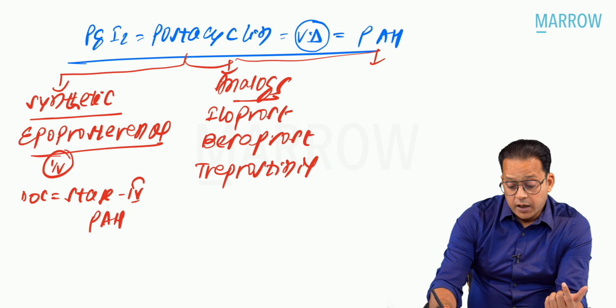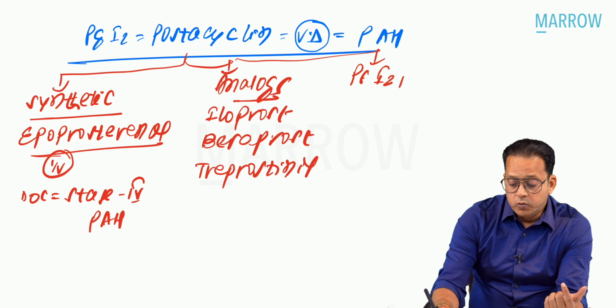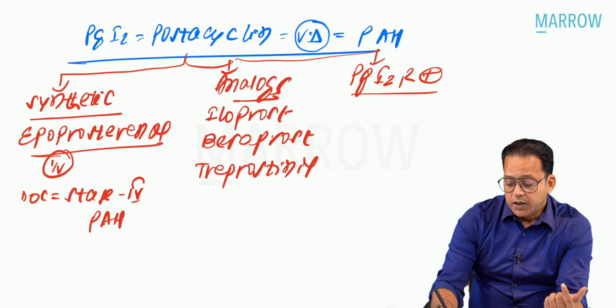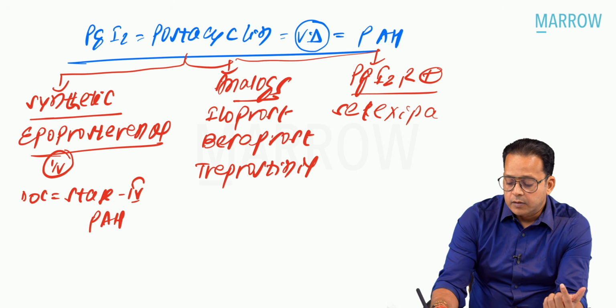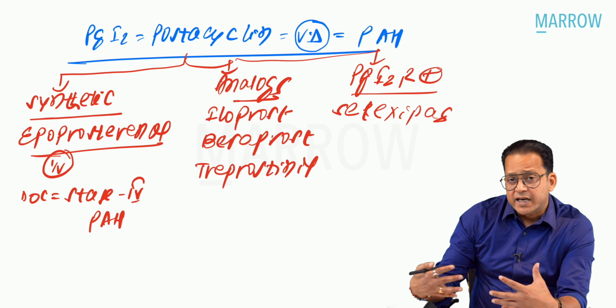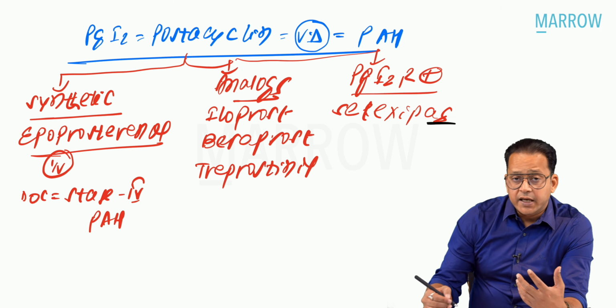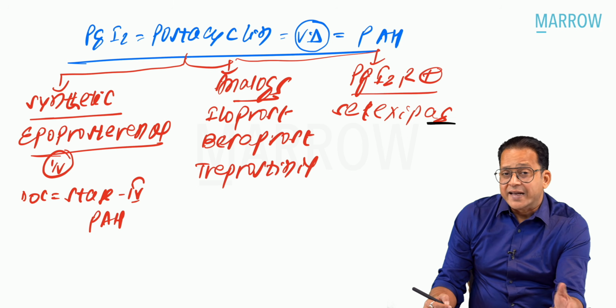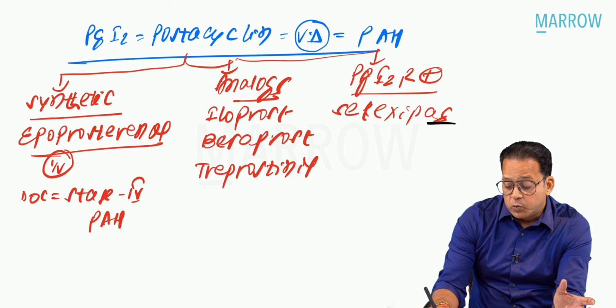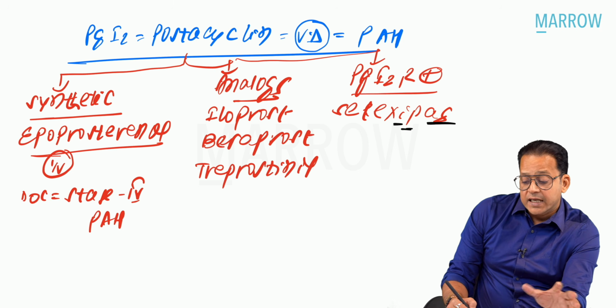Then I have made a prostaglandin I2 receptor or prostacyclin receptor agonist, and this drug is called selexipag. Look at the name of this drug. It has been named smartly. In pharma, ag means agonist, ant means antagonist. So it is an agonist at the prostaglandin I2 receptor, selexipag.